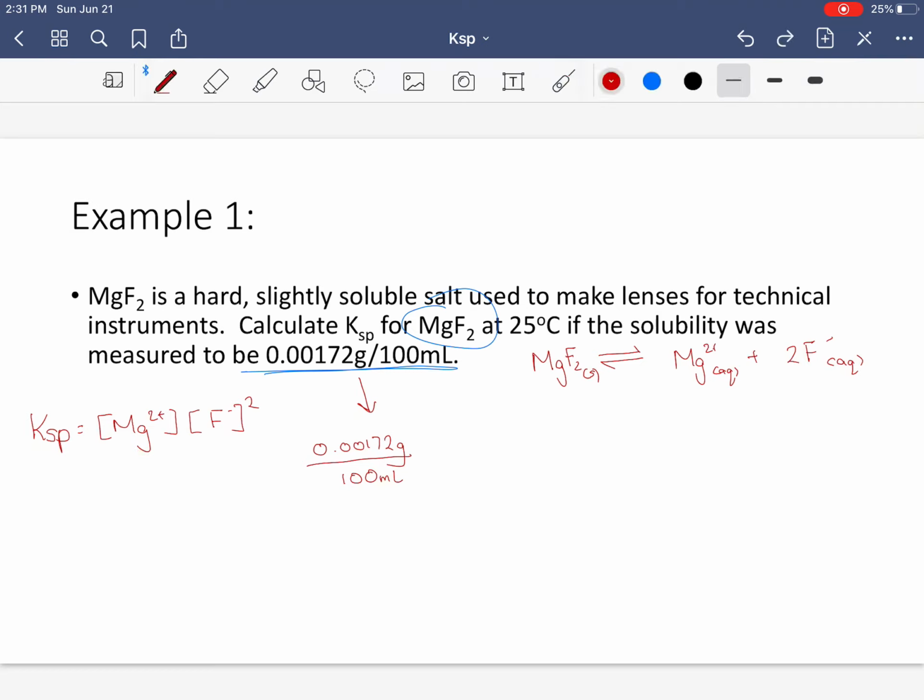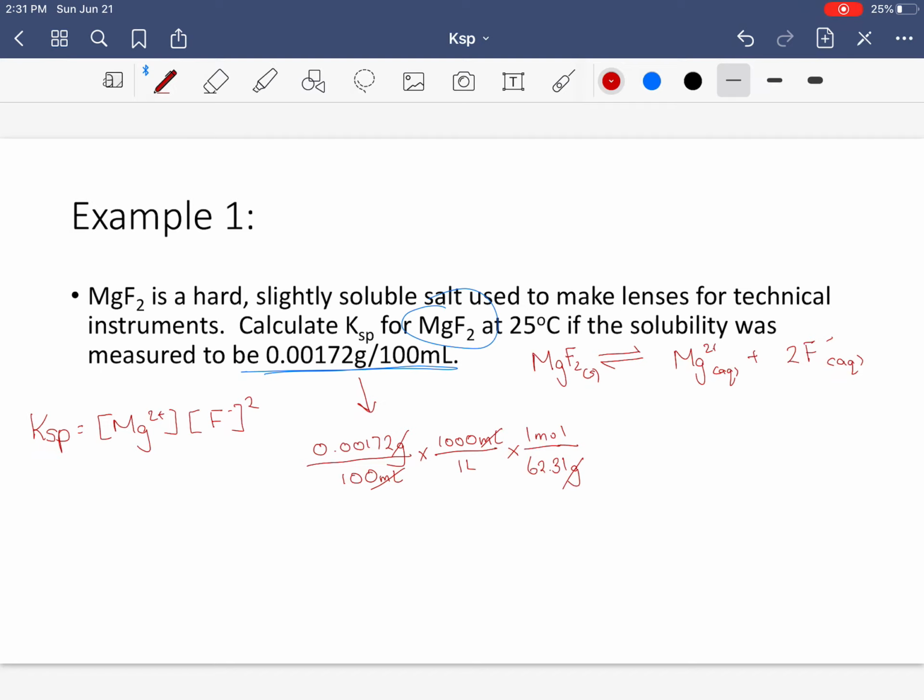So let's do that. Let's change milliliters to liters. For every liter is 1,000 milliliters. So milliliters cancel out, and now you have grams per liter. Now you want to turn grams into moles, and the molar mass for MgF2 is 62.31.